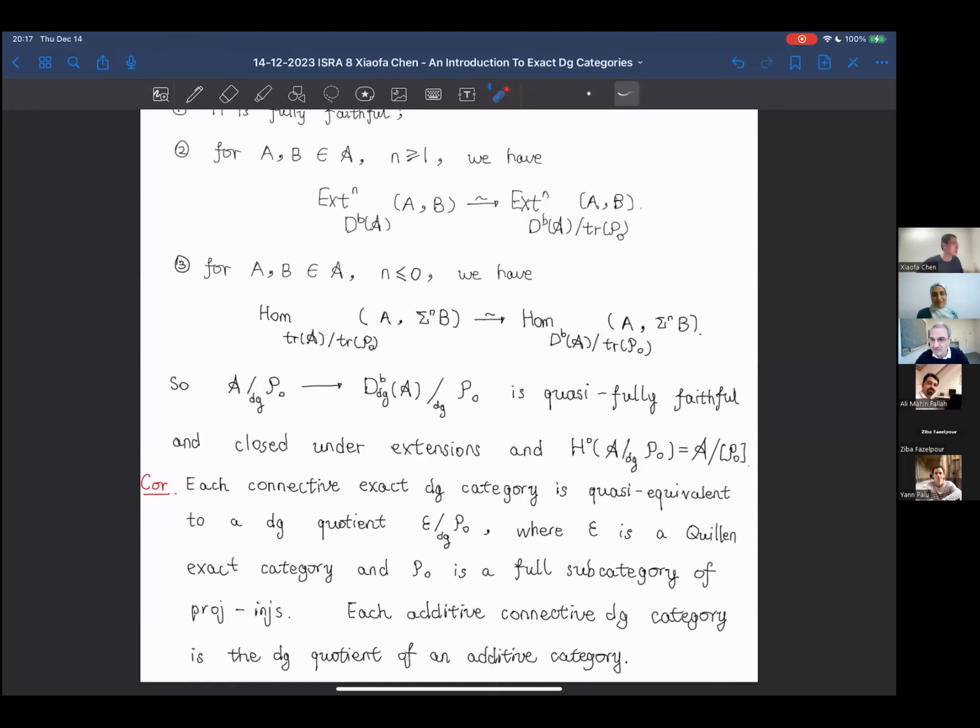I think it's analogous to the Frobenius exact category. Yes, I think the last corollary might be useful when studying DG localizations of exact DG categories.